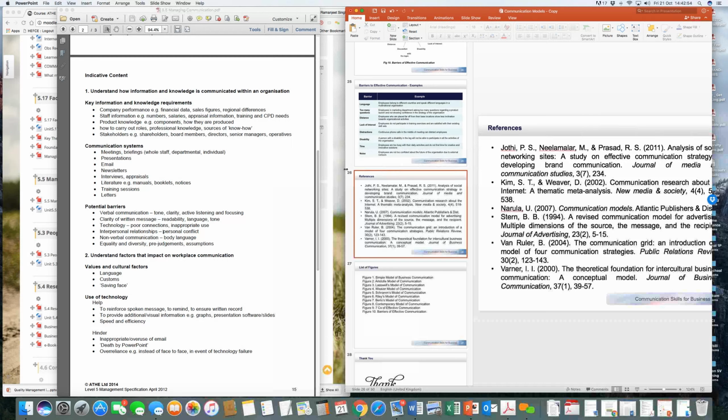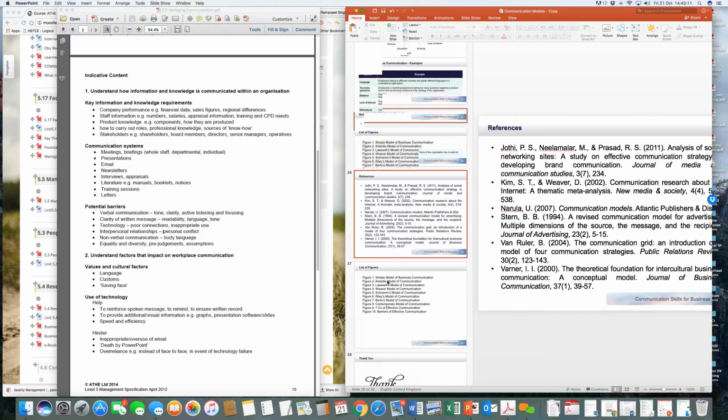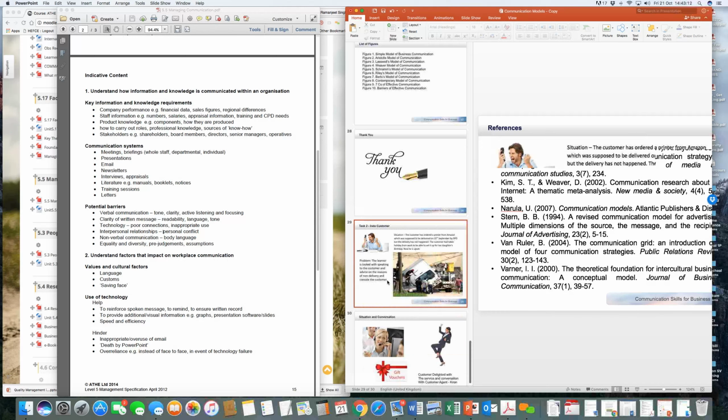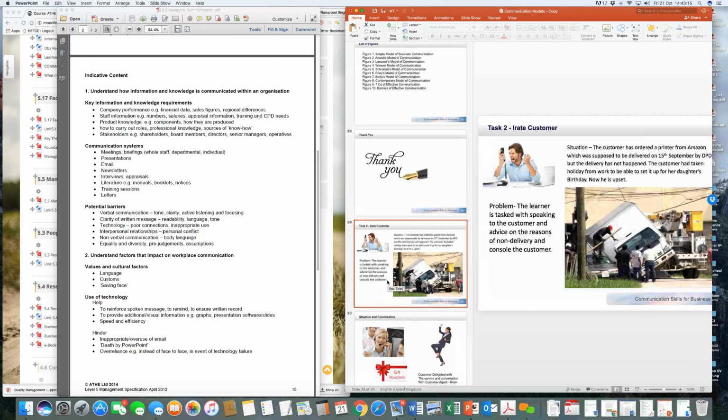Right, okay. And towards the end, in most cases, we will look at a small case scenario to bring together everything that has been talked about.